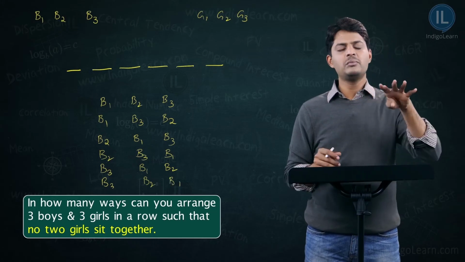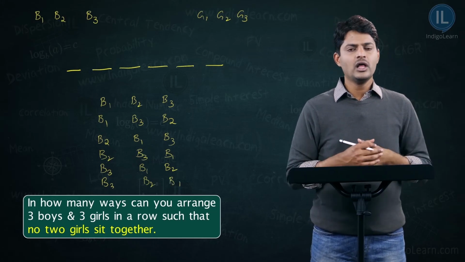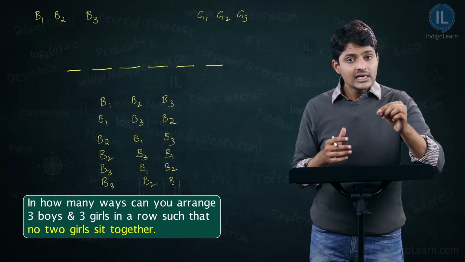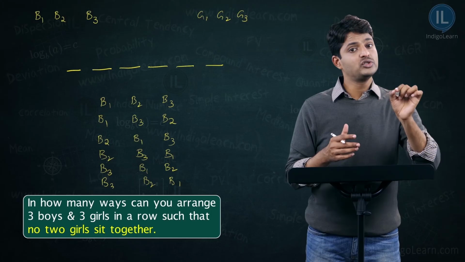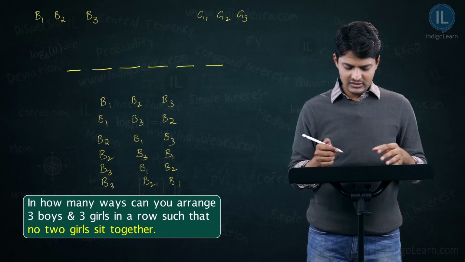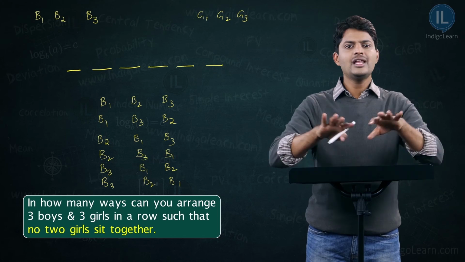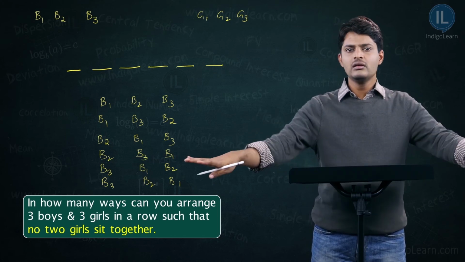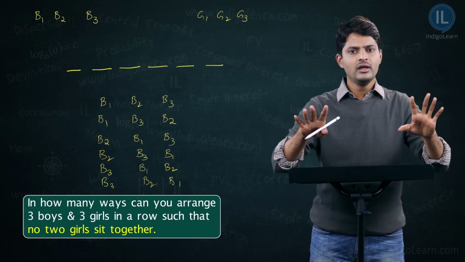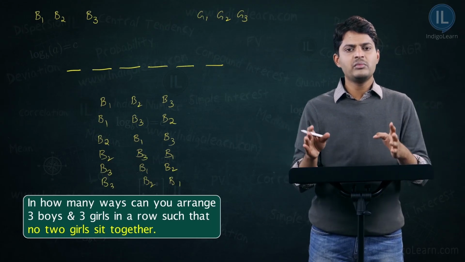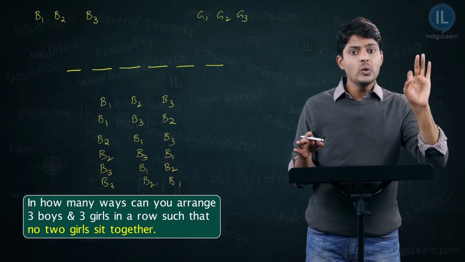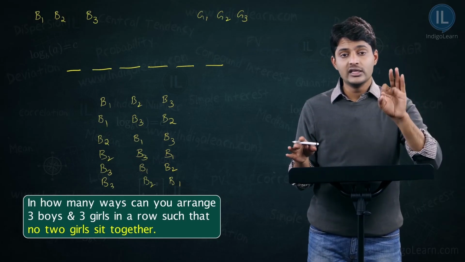It's like arranging 3 people in a row, 3 factorial. Now that you have arranged boys, to arrange girls, how many different positions are remaining? In the previous example I said we have 6 different places, but that is over. Now I am not specifying how many positions are available, I just said a row. First you arrange boys. Number of ways in which 3 boys can be arranged in a row, 3 factorial. Now my condition is no 2 girls sit together.